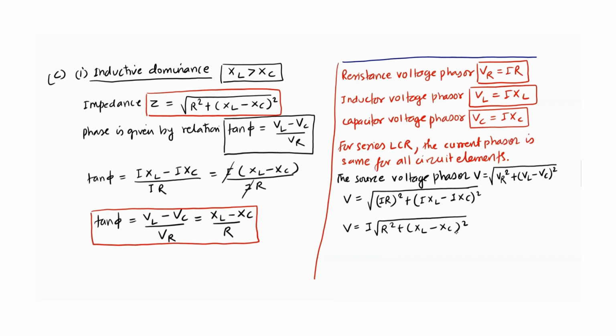Now, this term is called the impedance Z. Therefore, we can write V equals I times Z. So this is the source voltage phasor.